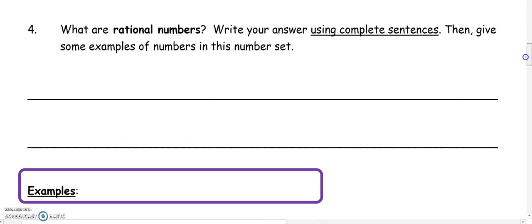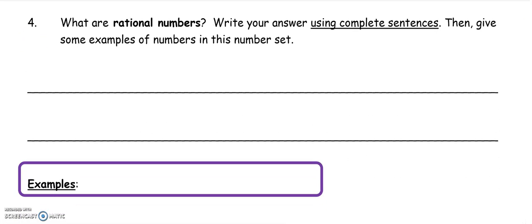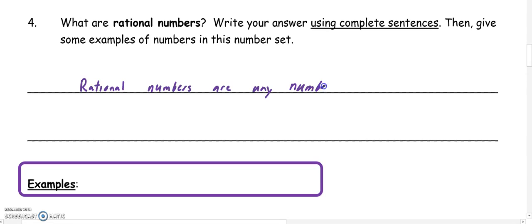The last set of numbers then are our rational numbers. Rational numbers are anything that can be expressed as a fraction. This is going to include every number we've already talked about, as well as decimals, because all of these can be expressed as a fraction. It includes our positives and negatives as well.